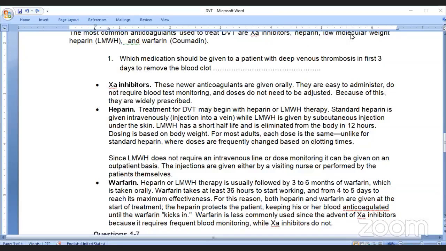So what is the answer? What is the answer, please?